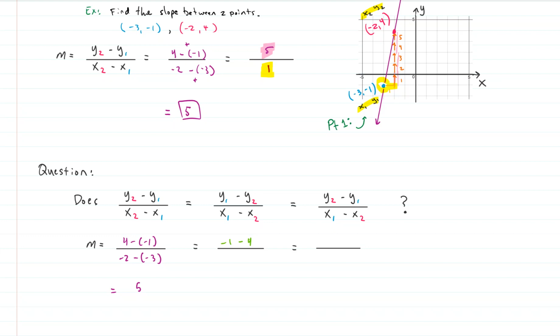And x1 is -3 minus x2, which is -2. This gives us -5 over -1, because minus and minus gives us a plus. Which is just 5, because the negatives cancel.